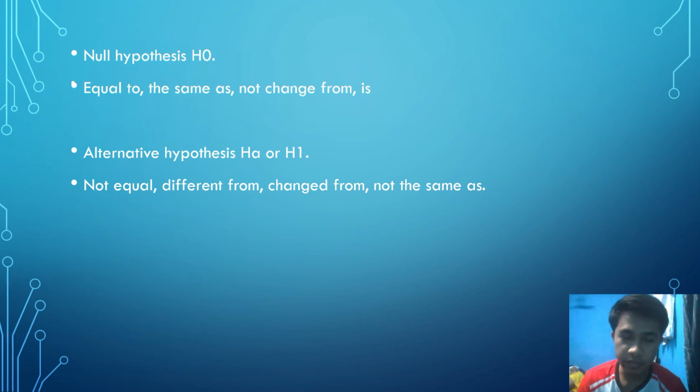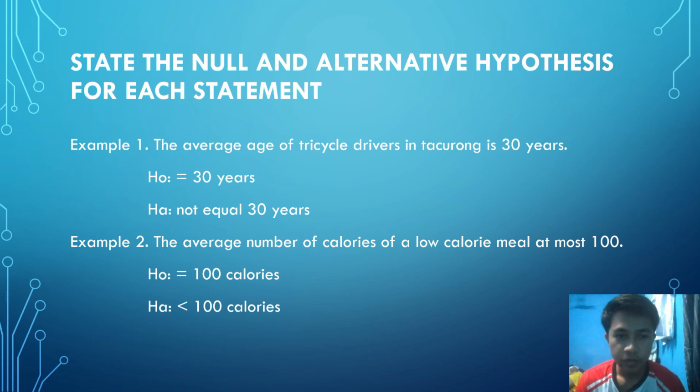The alternative hypothesis, H sub A or H sub 1, uses not equal, different from, change from, not the same as, and the symbol that we will use is the not equal symbol. We can state the null and alternative hypothesis for each statement.